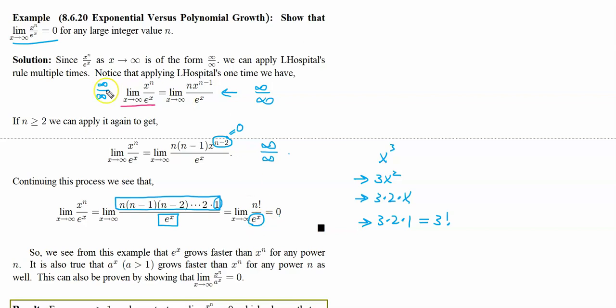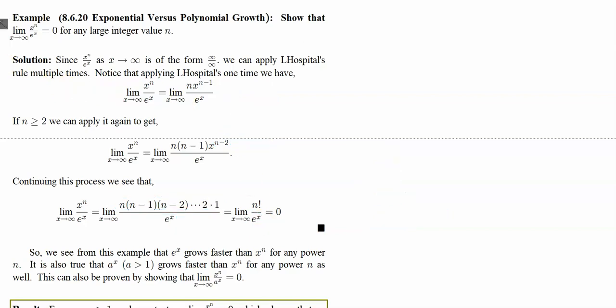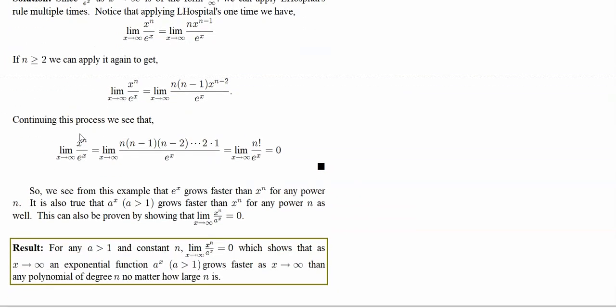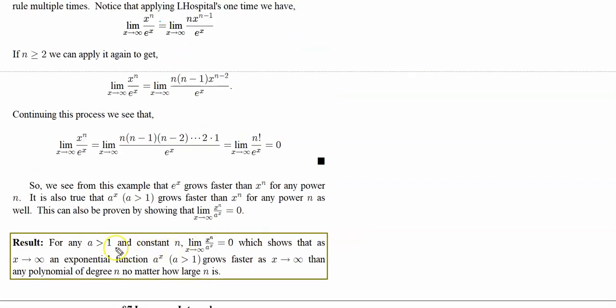Now, down here we have another result which generalizes this a little bit. For any constant a greater than 1 and any other constant n, the limit as x approaches infinity of x to the n divided by a to the x is 0.